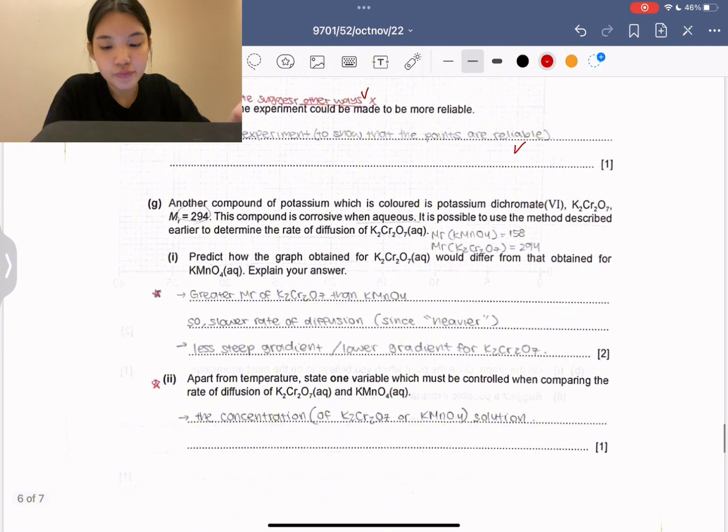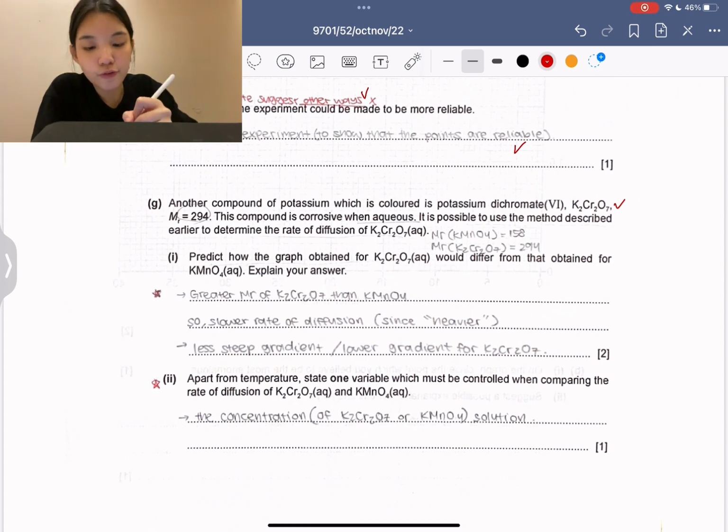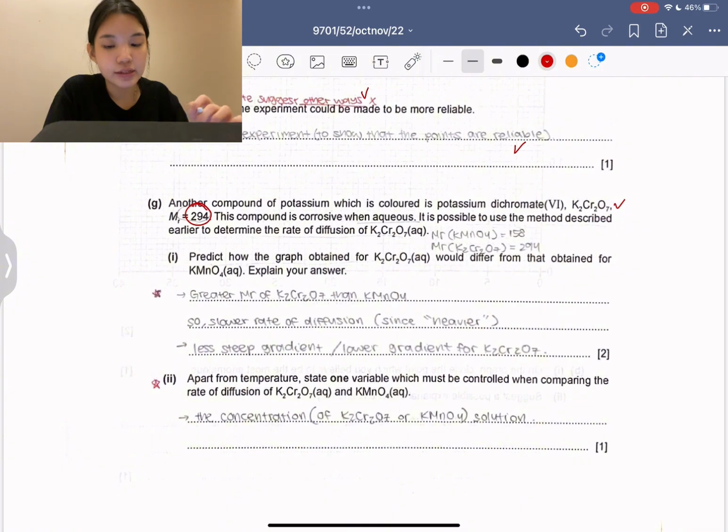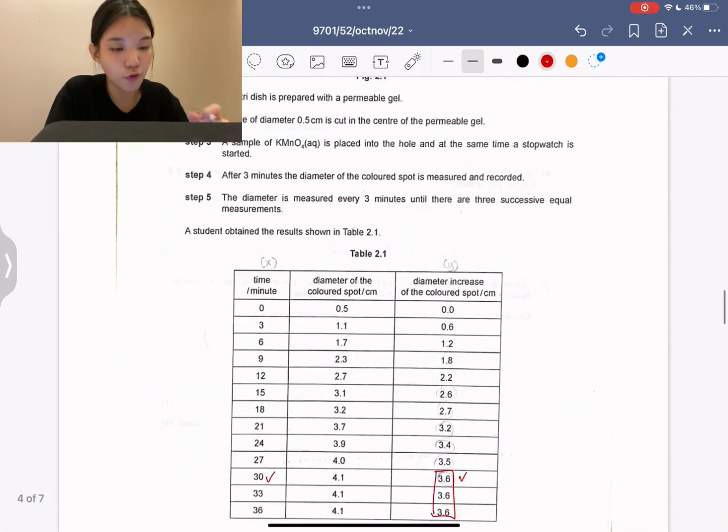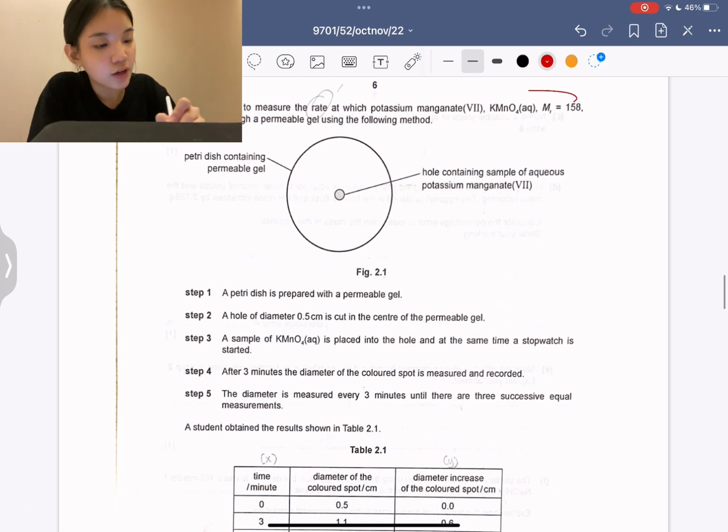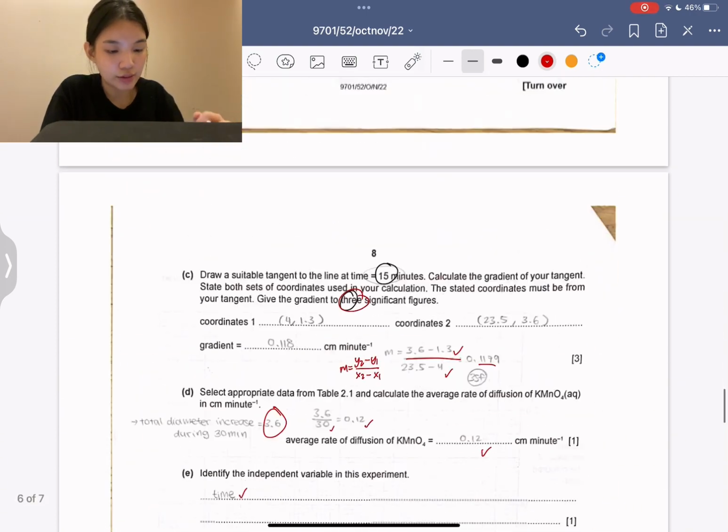So G, another compound of potassium which is colored is potassium dichromate, K2Cr2O7. So just now we used KMnO4, this time it's K2Cr2O7 with an MR of 294. And just now we read that the MR of KMnO4 is actually 158.